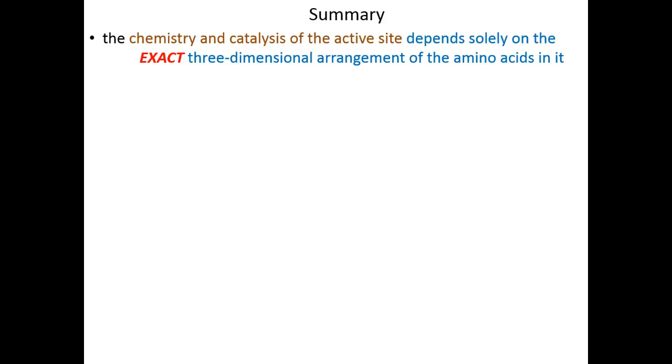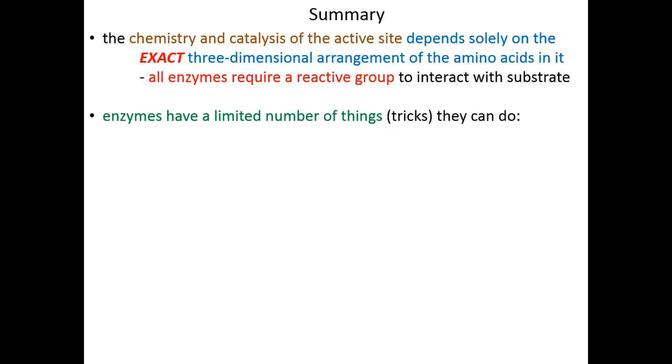So we'll end this lecture series by moving on to the chymotrypsin mechanism itself. I think you will agree that we've covered quite a bit here in leading up to that. To summarize, we gave some general principles of biochemistry and enzymatic reactions by saying that the chemistry and catalysis that occurs in the active site really depends on the precise configuration and orientation in three-dimensional space of the side chains of the amino acids in that active site.